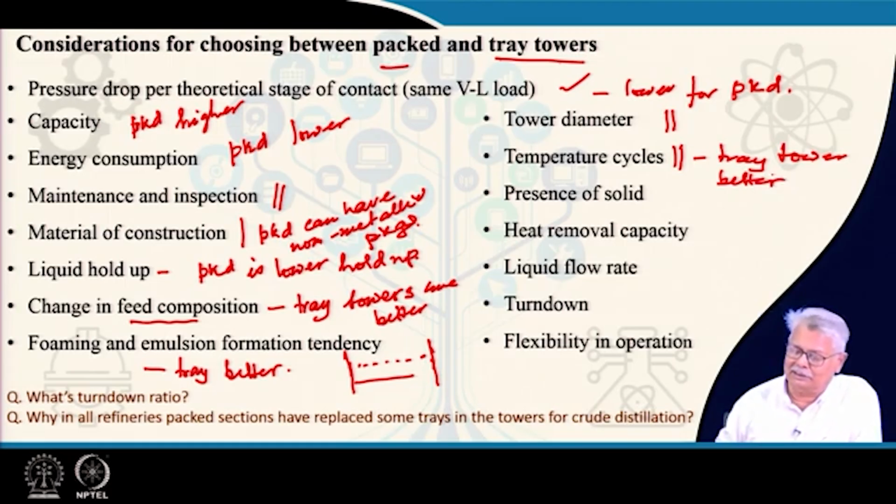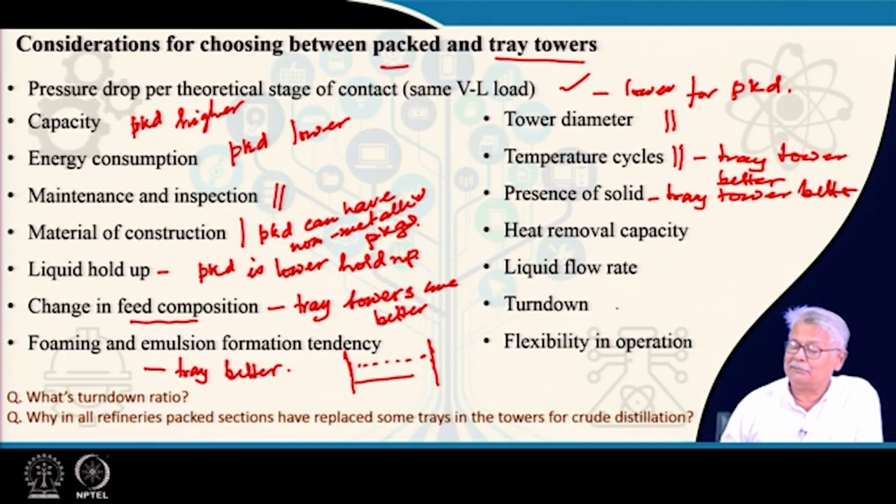Regarding presence of solid, tray towers win. The tray towers win because of a very simple reason. For example, if I have a tray tower fitted with bubble caps, I can have a long riser and a fairly large clearance below the skirt of the bubble cap. This is something we have already discussed earlier while discussing the bubble caps on the trays, and we can still have a little bit of solid deposition on the tray deck.